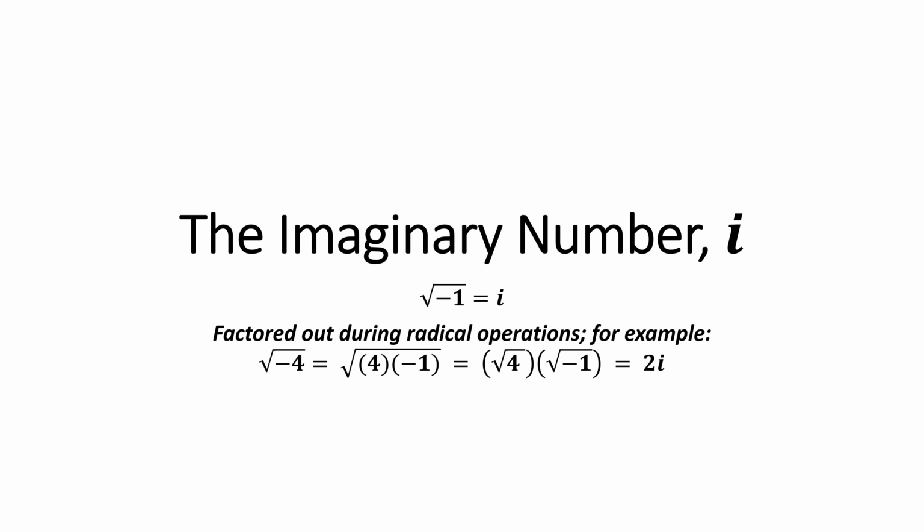There is no such thing as a number multiplied by itself being -1. Therefore, there is no real solution for the square root of a negative number. So usually -1 is factored out under the radical sign, giving you the square root of -1, which is represented by the lowercase letter i.